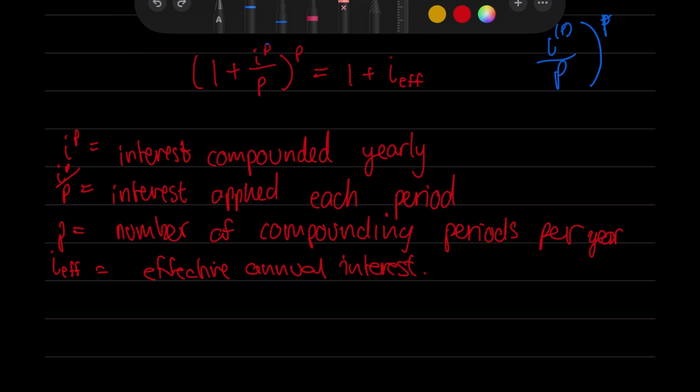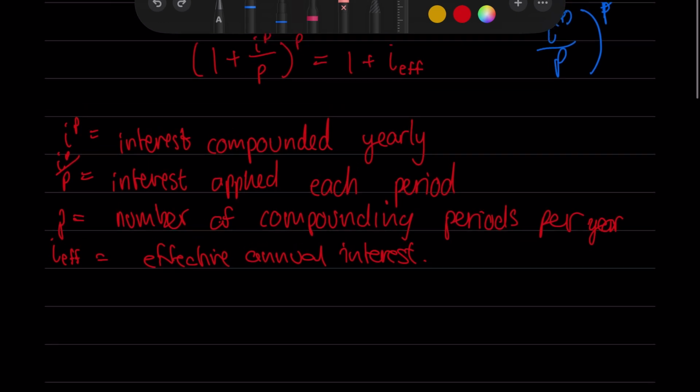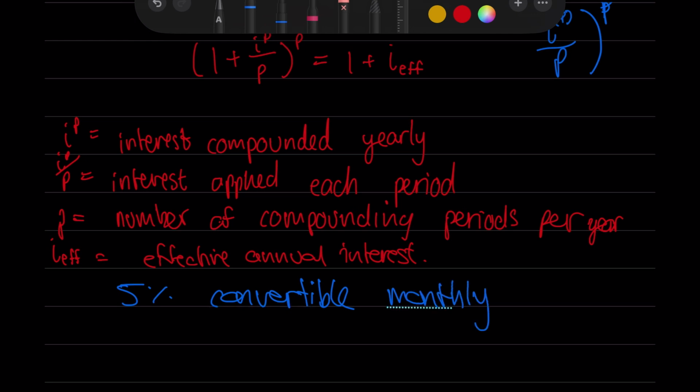So let's talk about it. Let's say, for instance, you have a question and it gives you a 5% convertible monthly interest rate. And for whatever reason, maybe our calculation is going in a way that we need a monthly effective interest rate.